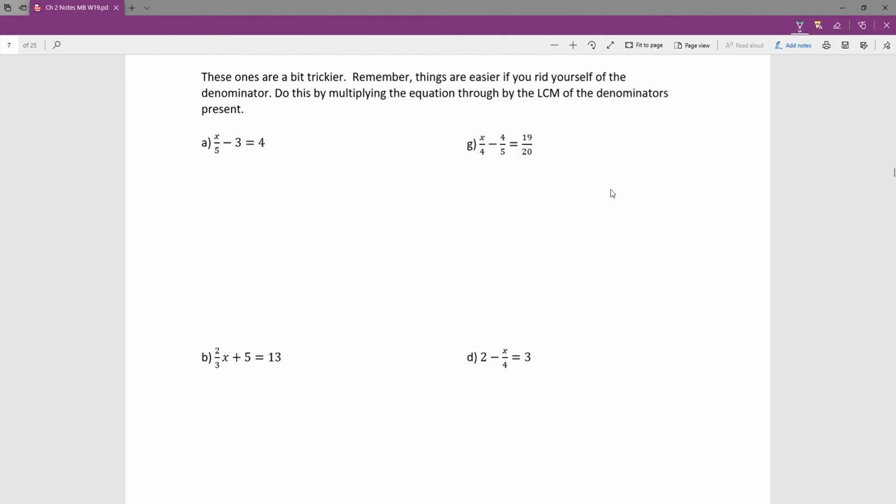So the general steps that I was coaching you through was 1, choose the number, and that's the LCM of all denominators present. 2, multiply everything by that number. 3, cross out the denominators.